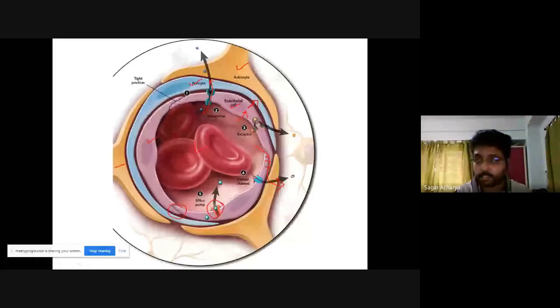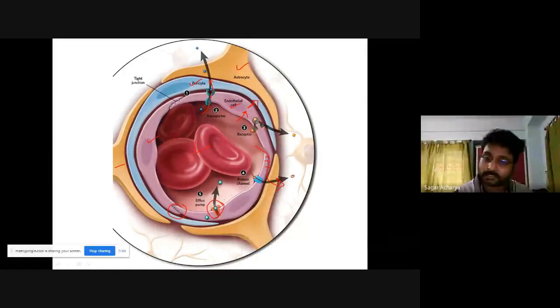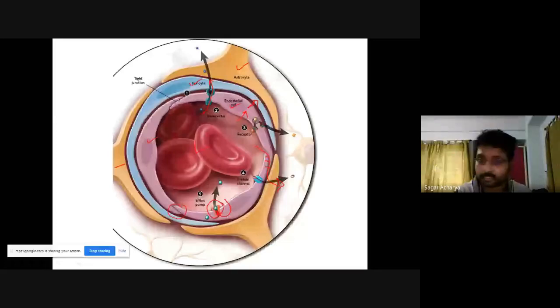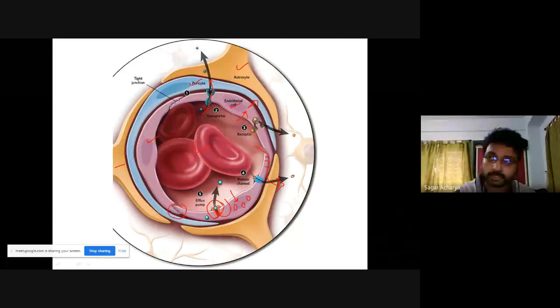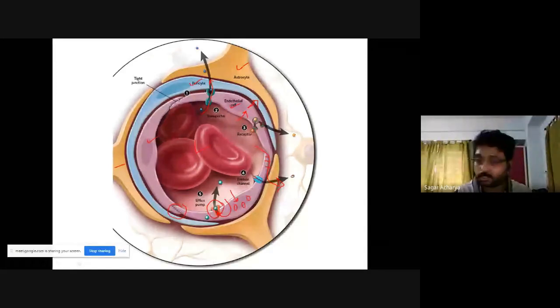These pumps utilize ATP and channel out the lipophilic molecules that enter the endothelial cells by diffusion. The pumps make the cell get rid of those lipophilic molecules that enter through the plasma membrane without any transport system, so they cannot diffuse into the brain tissue. So this efflux barrier is very important in the blood-brain barrier.